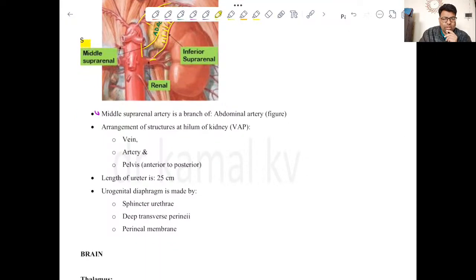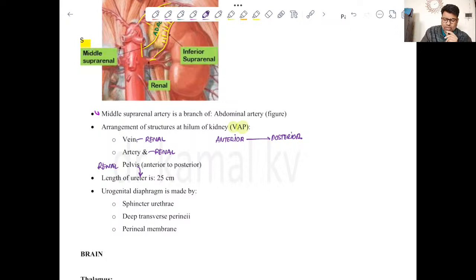Then if someone gives you a sample of kidney, now how you can say whether it is right side or left side? So for that you need to remember the mnemonic VAP, and this is anterior to posterior. So anteriorly, the most anterior structure is renal vein, followed by renal artery, and third is renal pelvis, which continues down as ureter.